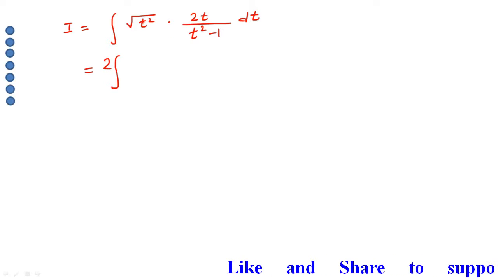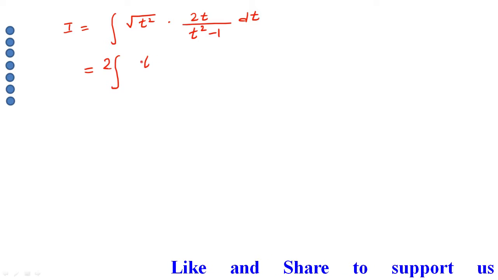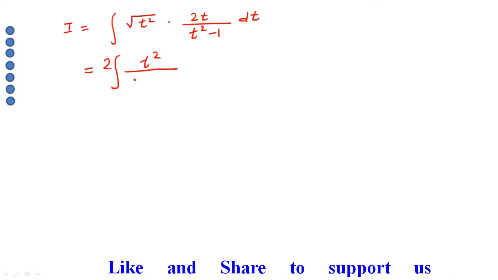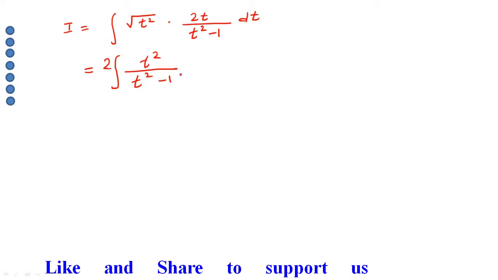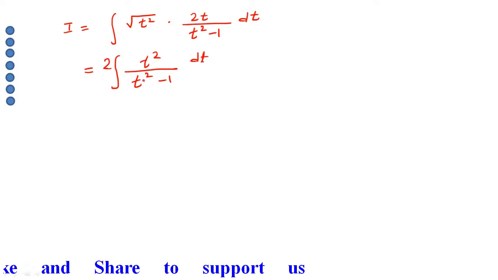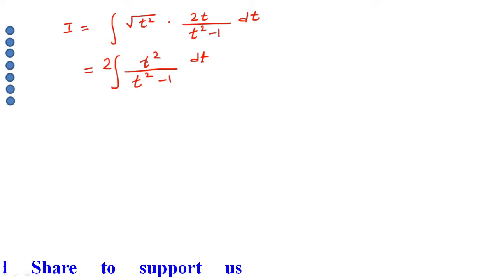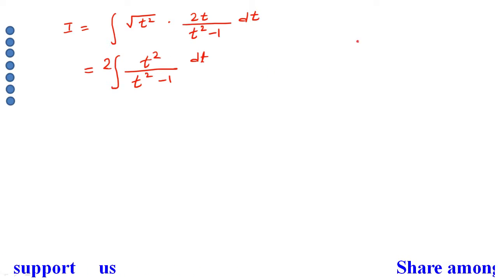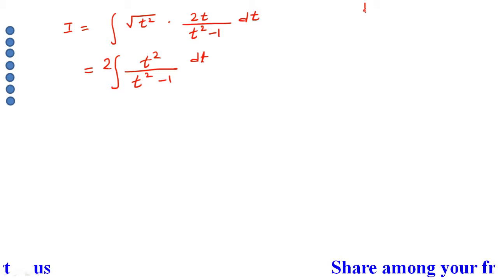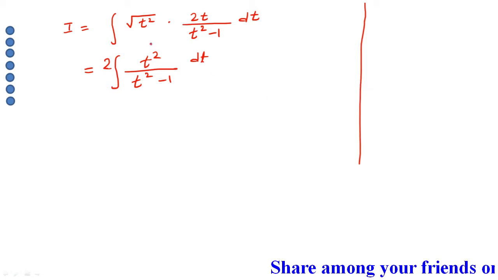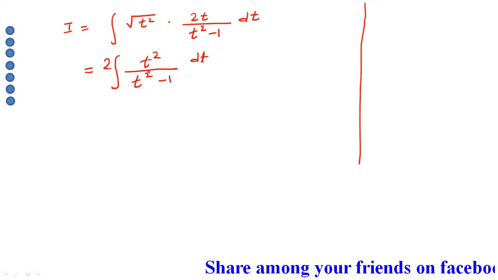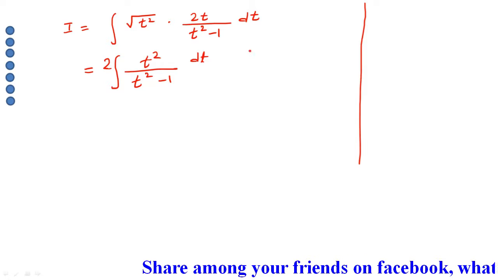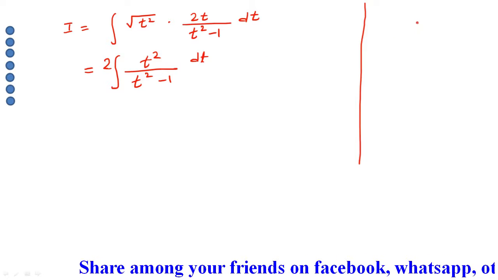Here we will get t and t, that is t square upon t square minus 1, then dt. To solve it, because their powers are the same, whenever we have a polynomial of the same power in the numerator as well as in the denominator, we should go for the division option.